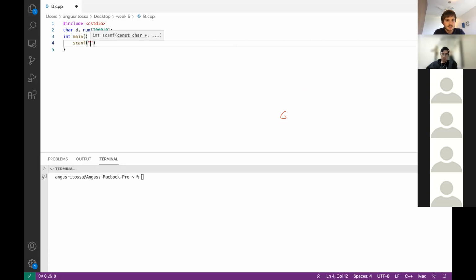So we're going to scan in our string D and also our number, and then get the length of the string.